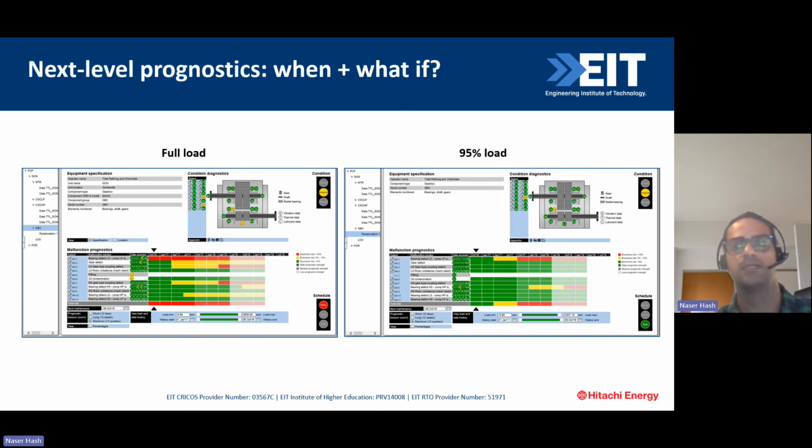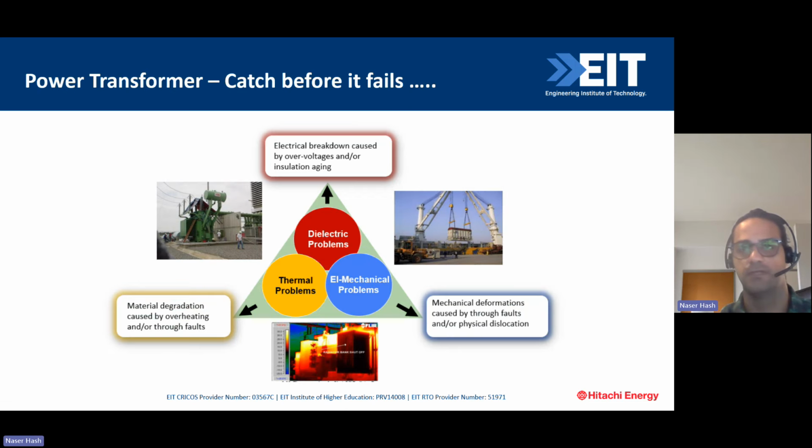The model can also help to see if we reduce the load on the equipment, can we run it longer until we have a shutdown or not. That's another thing the next level of prognosis should have: how reducing or increasing the load is going to affect the probability of failure.